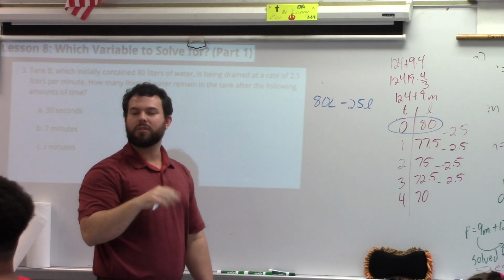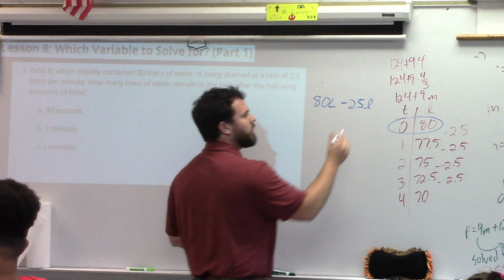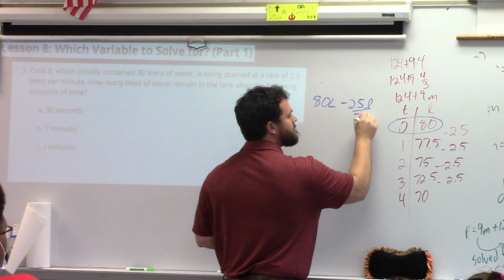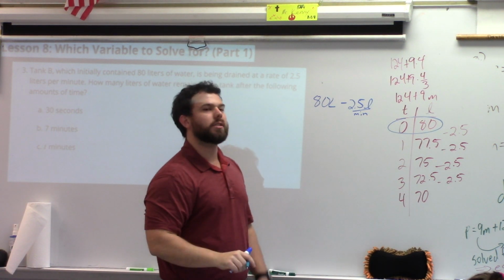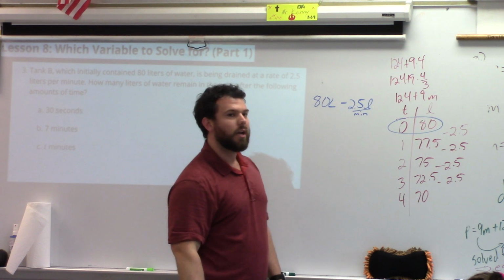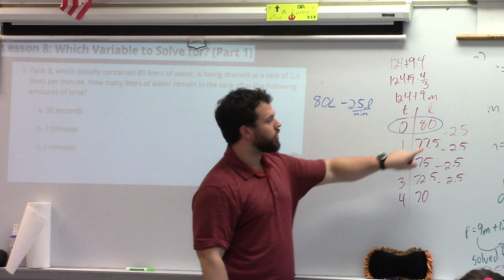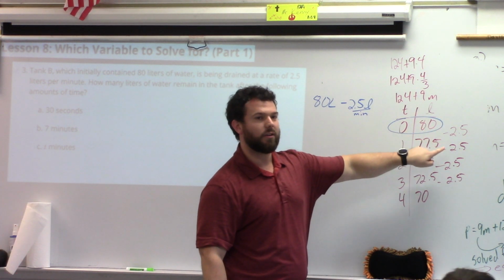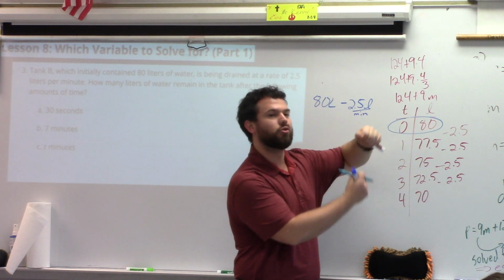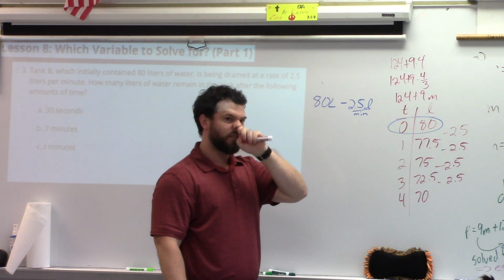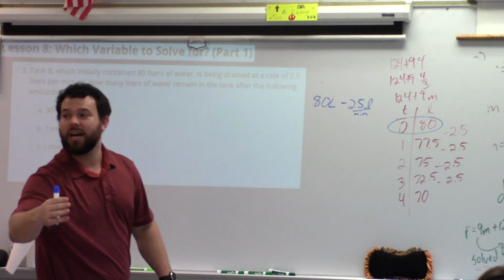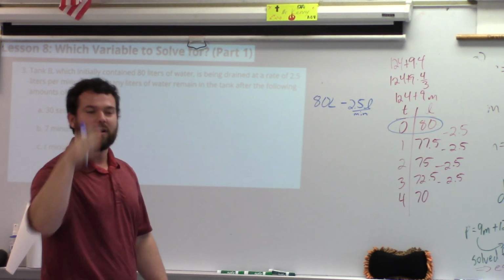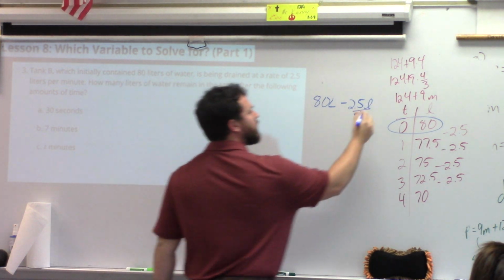But we're taking away 2.5 liters every minute, okay? Bashar, I know you know this answer, so pay attention. What am I going to use to show that I'm repeatedly subtracting 2.5 every time? There we go! Every time that I see repeated addition, repeated subtraction, what am I going to do?